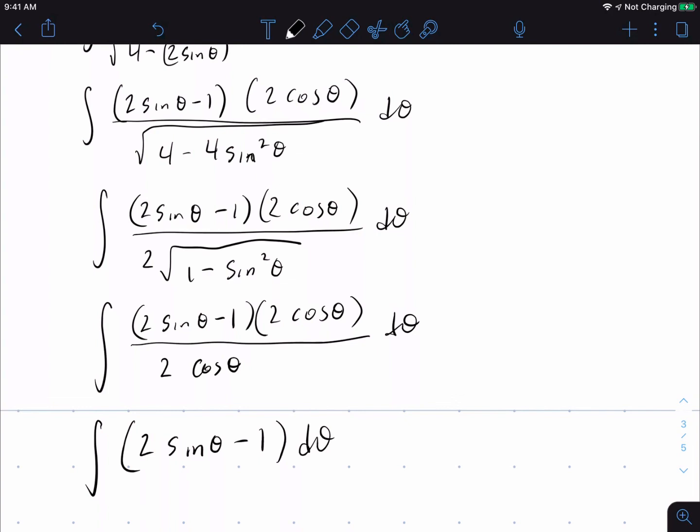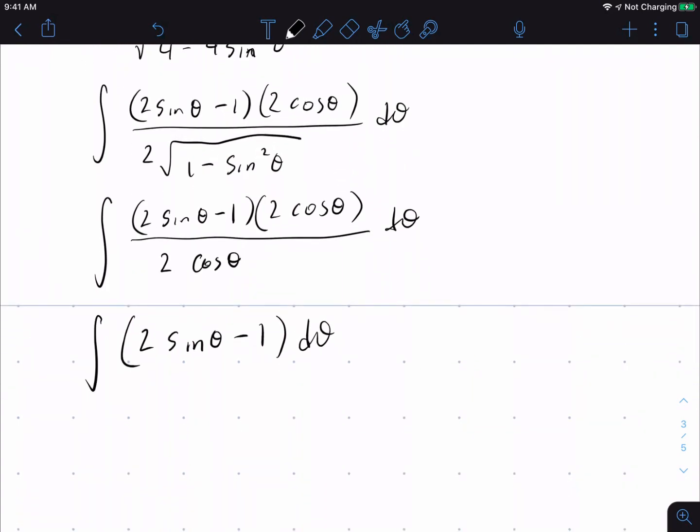Does that make sense? Yes. Okay, which will then be a negative 2 cosine theta minus theta plus some c, and now I need to manipulate this thing.